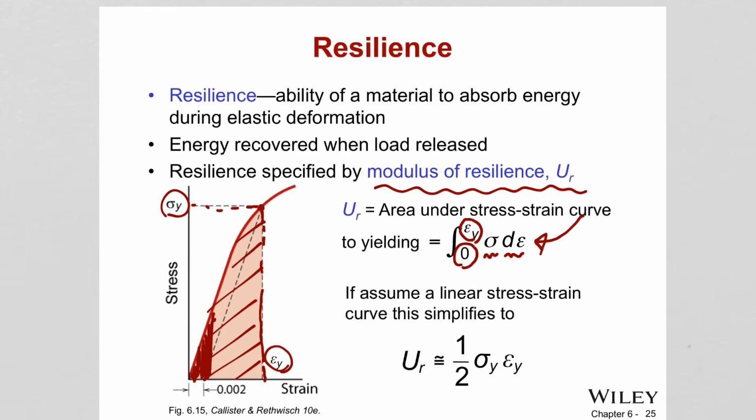Integral means the area, right? So it will give you the area under the stress strain curve. If you assume it's a completely linear change, that means it's a triangle. So actually, if you want to find the area, you don't have to go through this integral. You can say it's the area of a triangle. So what I do is multiply the y-axis by the x-axis and divide by 2. It's like the area of a triangle. You can simplify it too.